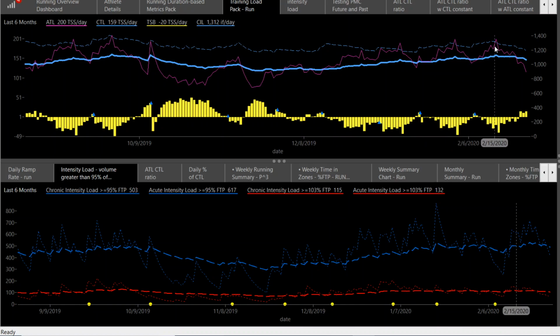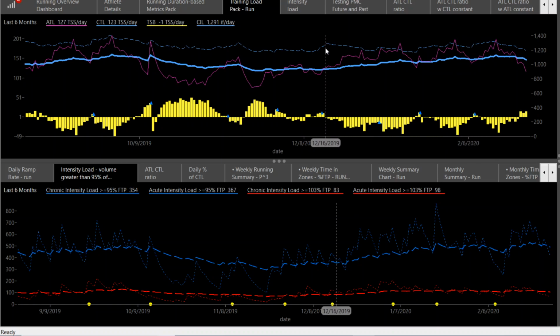This is what the overall intensity is of the run, or a ride, or what have you. So yes, this is important, and I do like to see this rising as the chronic training load is rising, and I do like to see it drop a bit.